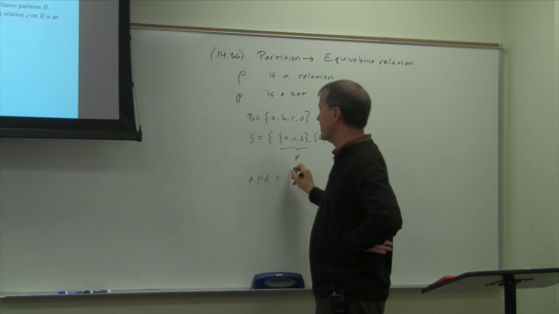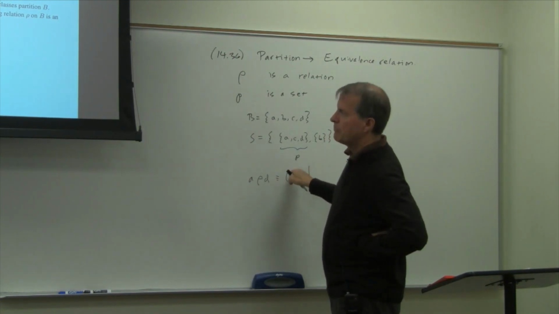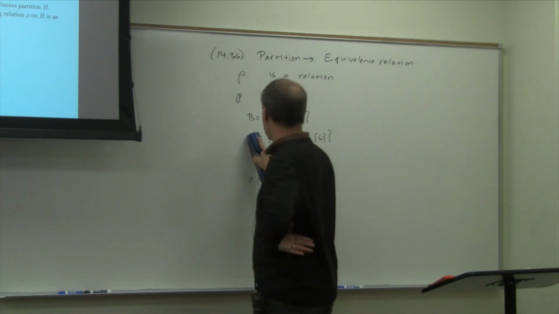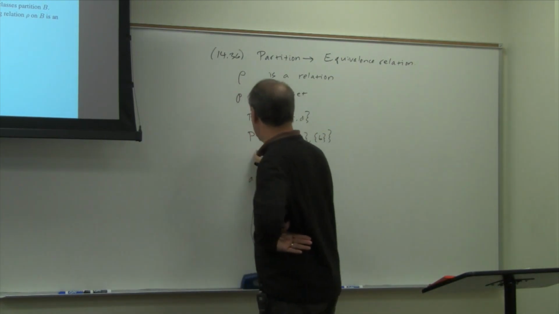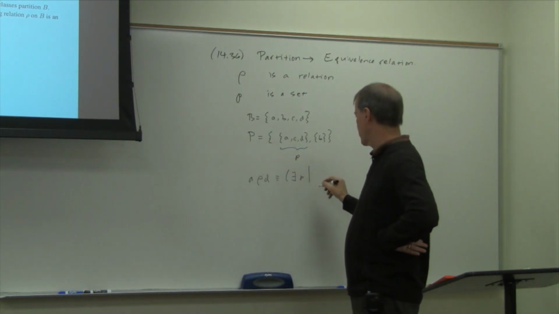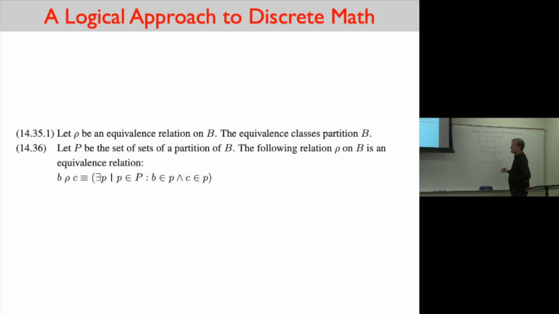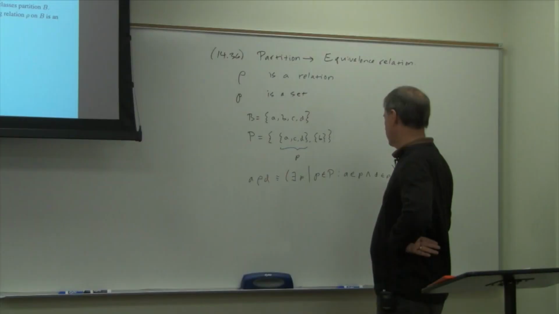Because there exists a little p, an element of this partition, capital P, such that A is an element of little p, which is true, and D is an element of little p, that's true.